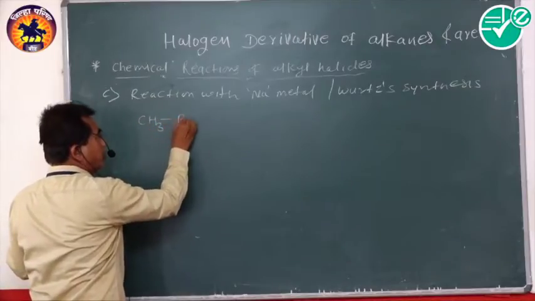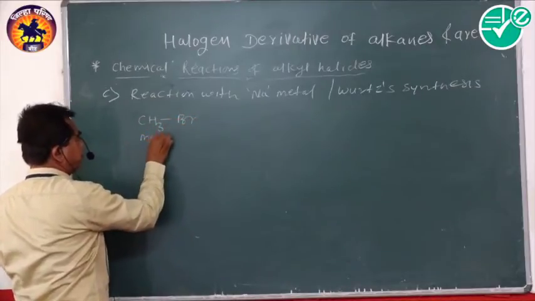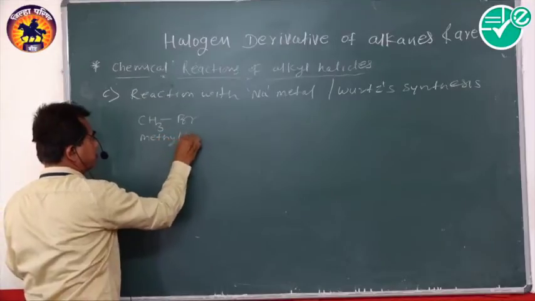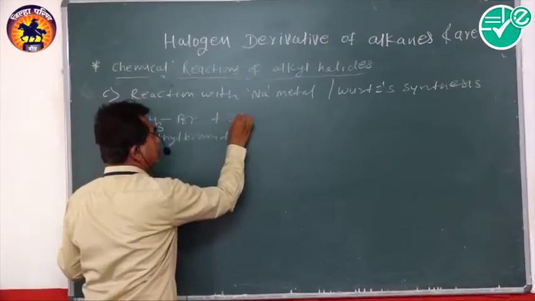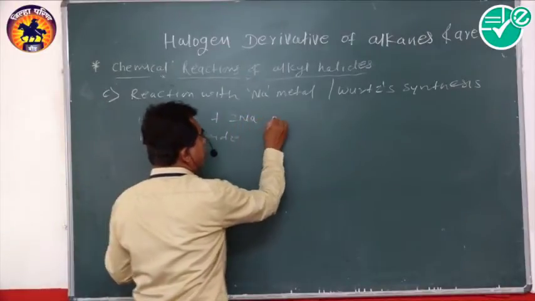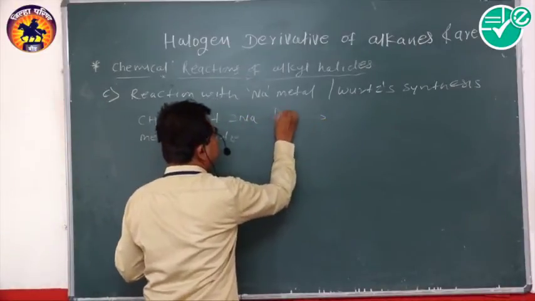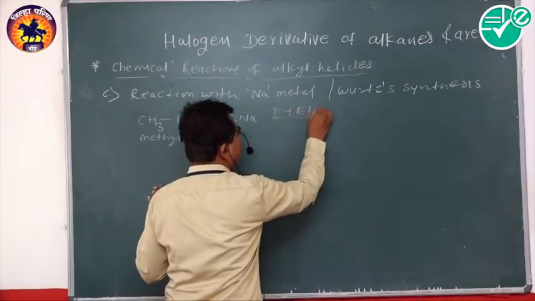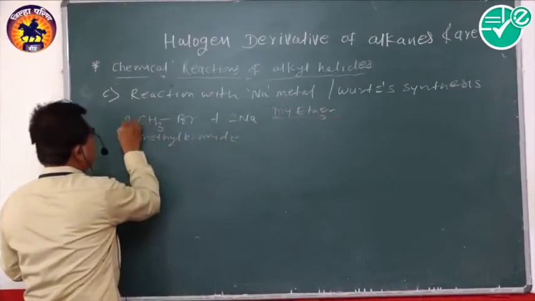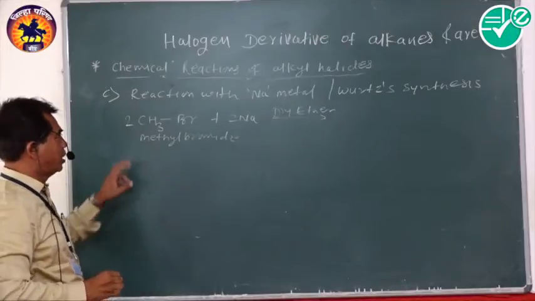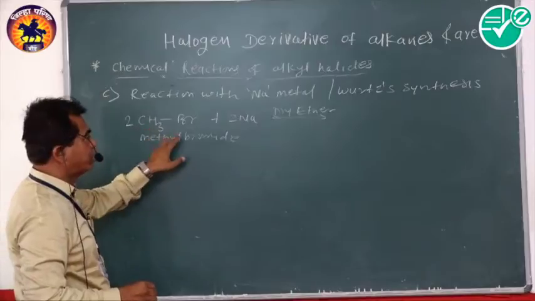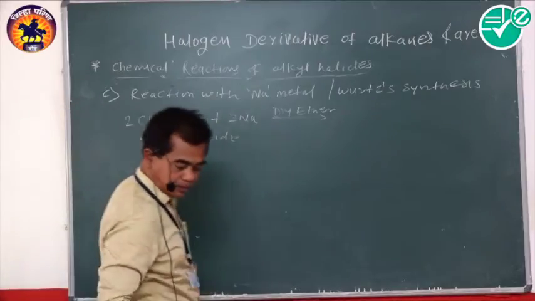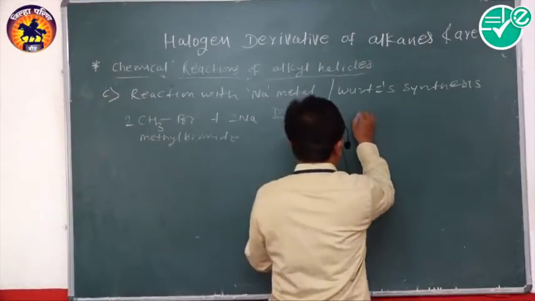Here we take methyl bromide and react it with sodium metal in the presence of dry ether. Coupling reaction takes place: we take two molecules of methyl bromide, which react to form ethane as a higher alkane.